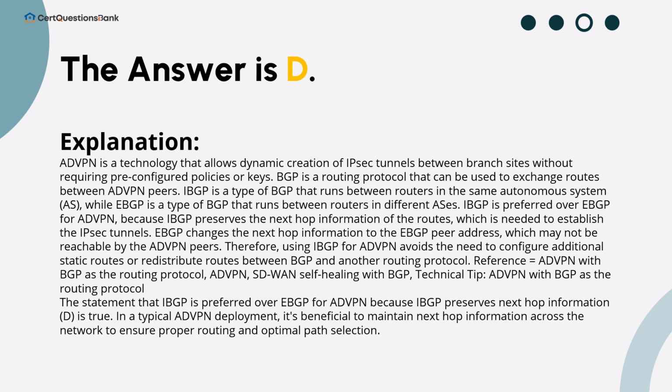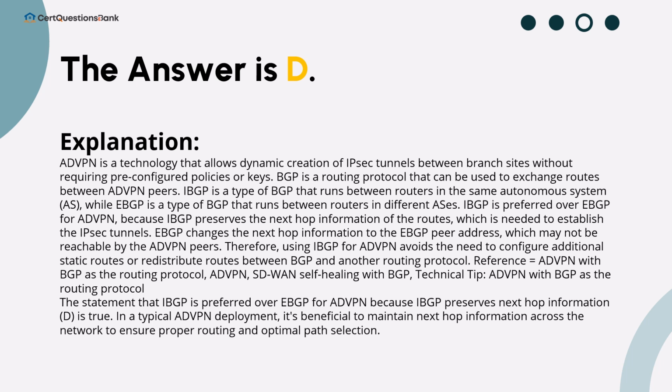IBGP is preferred over eBGP for ADVPN, because IBGP preserves the next hop information of the routes, which is needed to establish the IPsec tunnels.